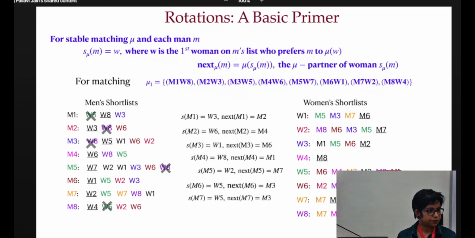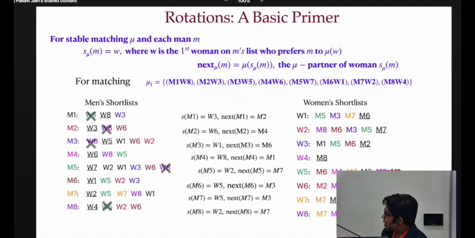Clear? So you'll see that there are some women like W5, for example, who is both M6 and M7's successor. Right? So naturally her partner M3 is M6 and M7's next function, right? So that can happen. Now looking at this, now I try to find this.